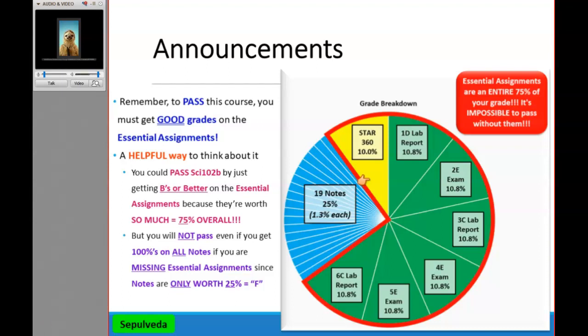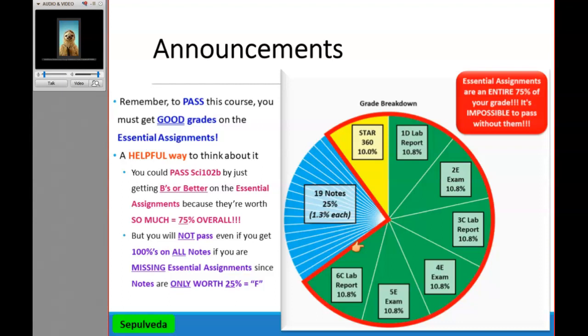With the 10% of Star 360, so right here, just in the red Pac-Man is 75% of our grade. You need to make sure that you are getting a good grade on these essential assignments in order to pass SCI102B, okay? Overall, 75%. But you will not pass even if you get 100% on all the notes. Remember, notes are only 25%.